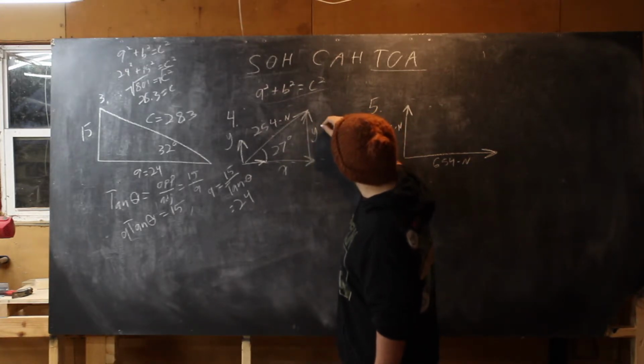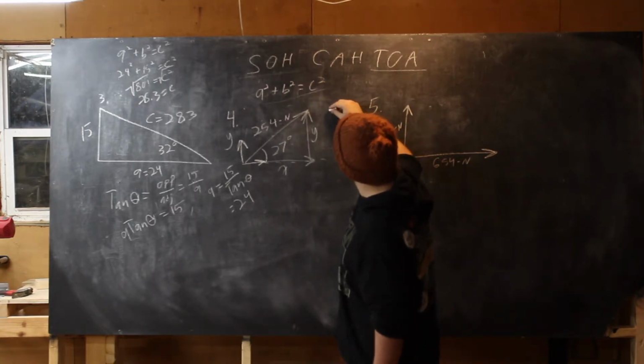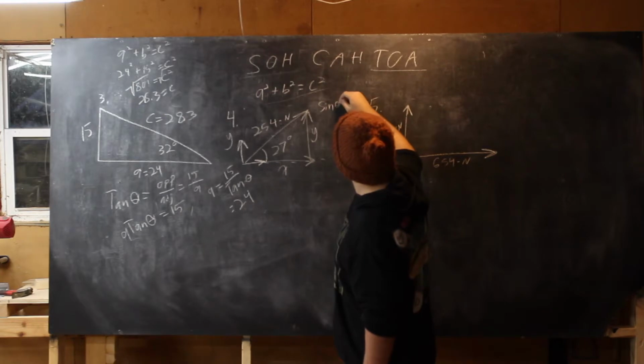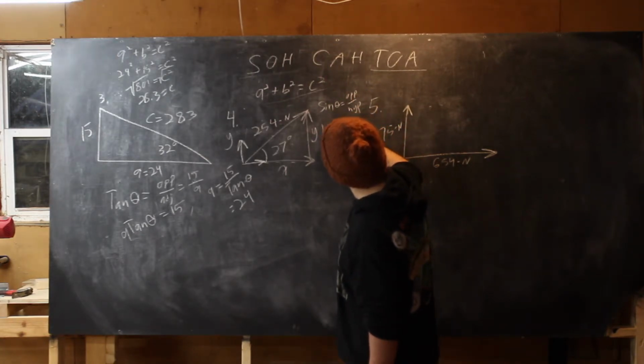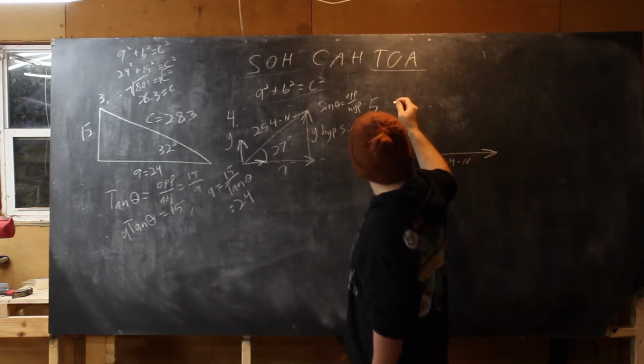This y component is going to be given by sine, opposite over hypotenuse. So sine of theta equals opposite over hypotenuse. Another way to say that is the hypotenuse times the sine of theta is equal to the opposite side.